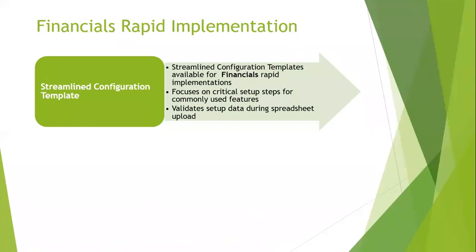In that enterprise structure, legal entities are a very critical setup, and business units are very critical setups. Chart of accounts is critical, calendar and ledgers. All these are very critical setups. All those critical setups can be defined through rapid implementation spreadsheet templates. So it will focus on those critical setups. Is that clear?